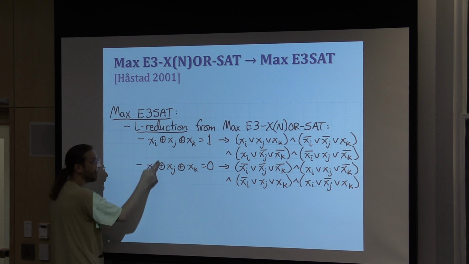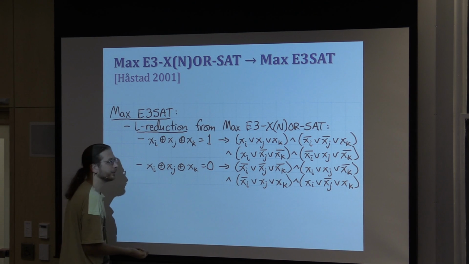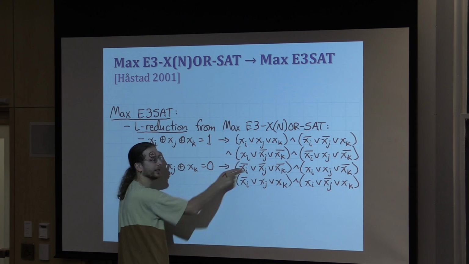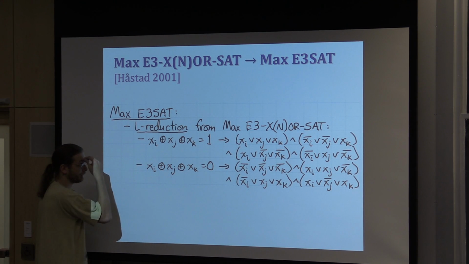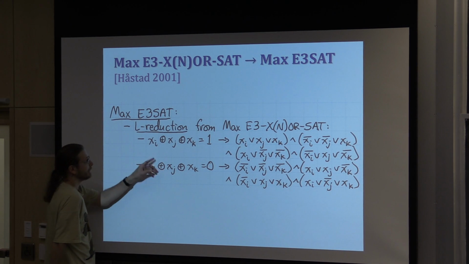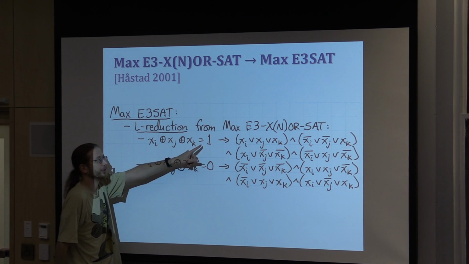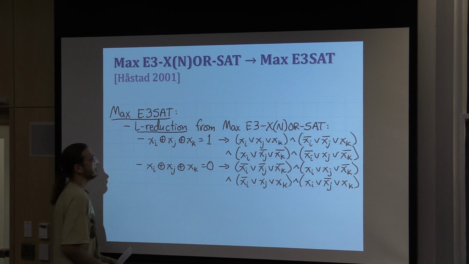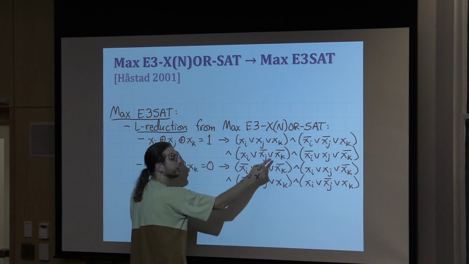Now, if these are not satisfied, by the same argument you can show that at least one of these is violated, but in fact just one will be violated. So for example, this is just a case analysis. Let's say I set all of these to be 0, and so their XOR is 0, not 1. If they're all false, then this will not be satisfied, but the other 3 will be.